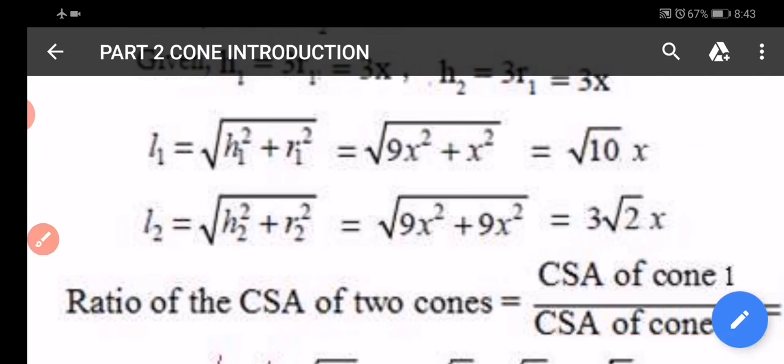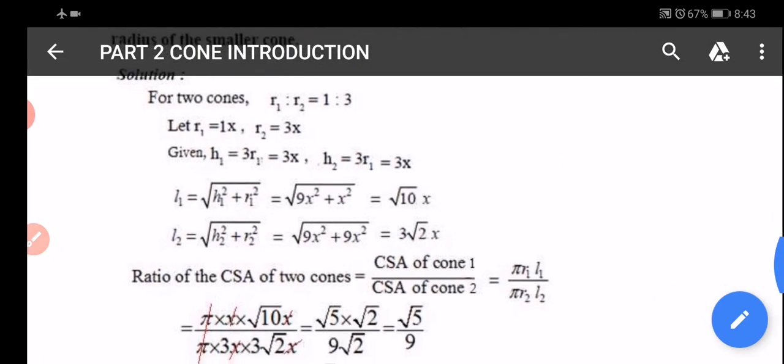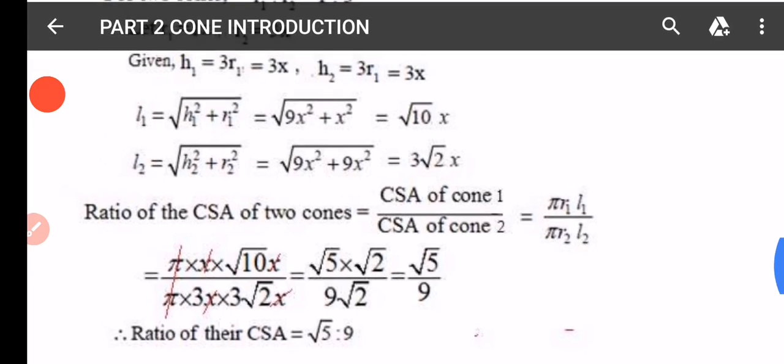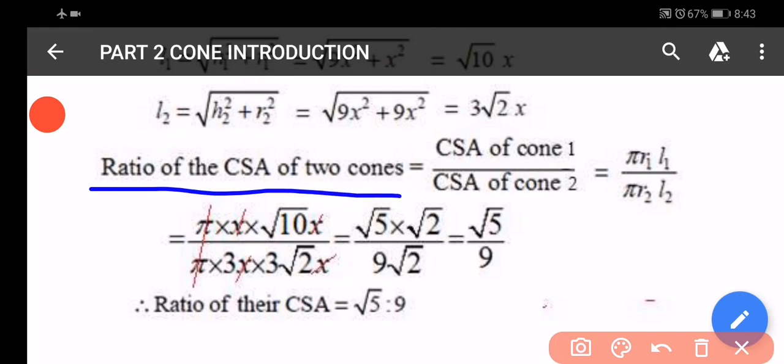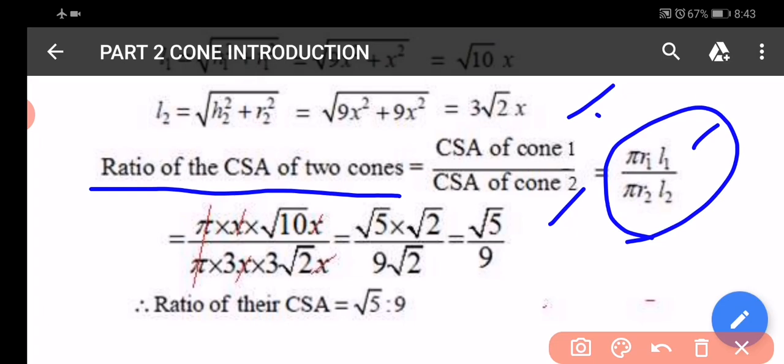In these two, x is common. So now L1 and L2 we have already found. So now we are going to find the ratio of the curved surface area of two cones, equal to CSA of cone 1 divided by CSA of cone 2, by applying the formula pi r1 L1 divided by pi r2 L2. So applying this, pi into r1 is x and L1 is root 10 x, divided by the curved surface area of cone 2, pi into r2 is 3x and L2 is 3 root 2 x.